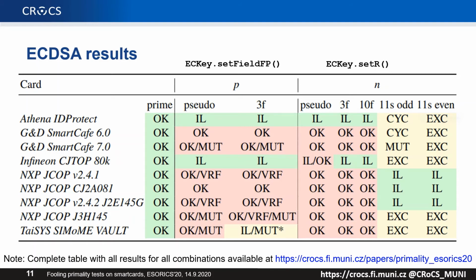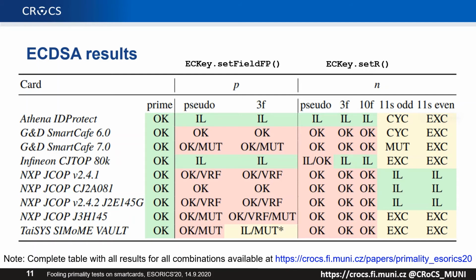If it's yellow, this means the card seems to accept the arguments, but before being able to produce the final signatures necessary for an attacker to extract the private key, it somehow got stuck, either with some non-standard exception, or it muted, or cycled, and so on.